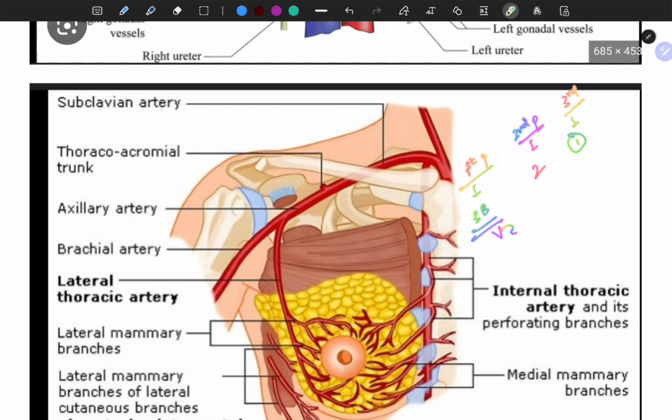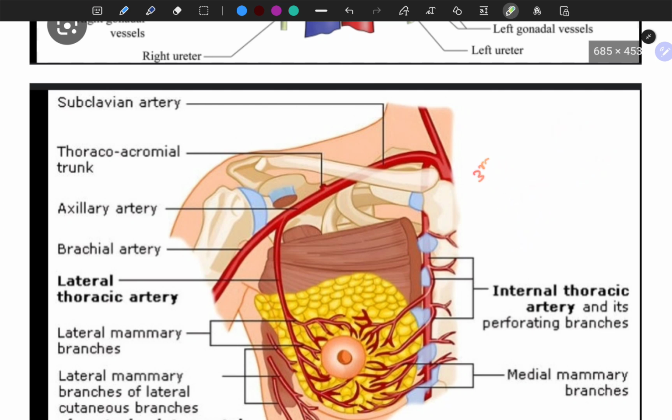The 3 branches: vertebral artery, internal thoracic artery, thyrocervical trunk. The second part gives rise to the superior intercostal artery and deep cervical artery. The third part gives rise to the dorsal scapular artery.